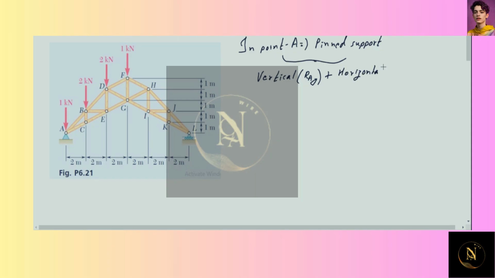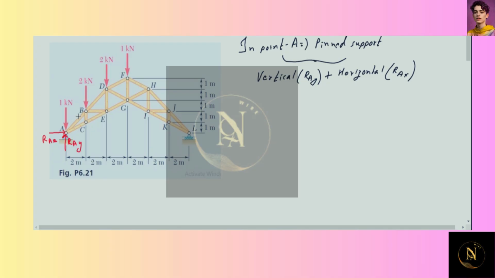Let's name it as RAX, and let's draw the forces. This is vertical, this is horizontal. RAY, RAX.